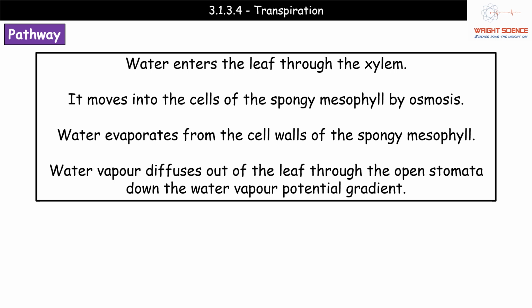When it gets into the leaf itself, then the water is going to pass through the spongy mesophyll cells by that process of osmosis, so moving down that water potential gradient, and then it will evaporate from the cell walls of the spongy mesophyll. Once we've got that water vapour, it's then going to diffuse out of the leaf through those stomata, and that is going to happen down the water vapour potential gradient.